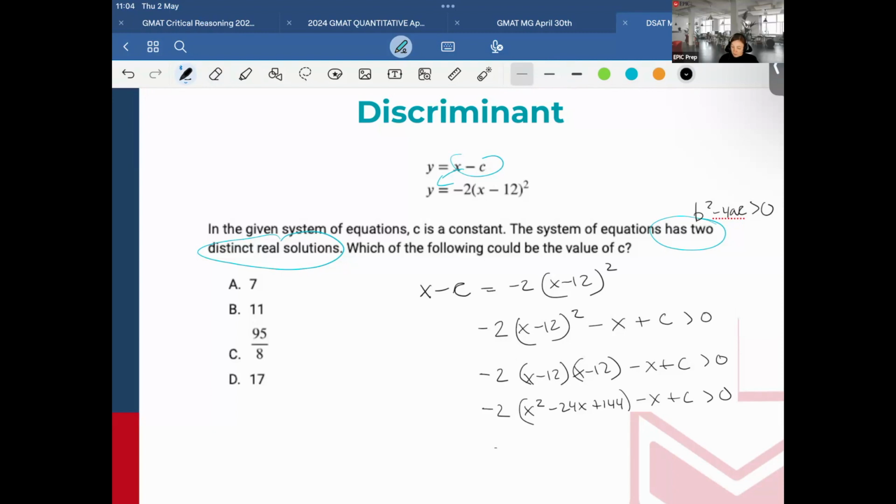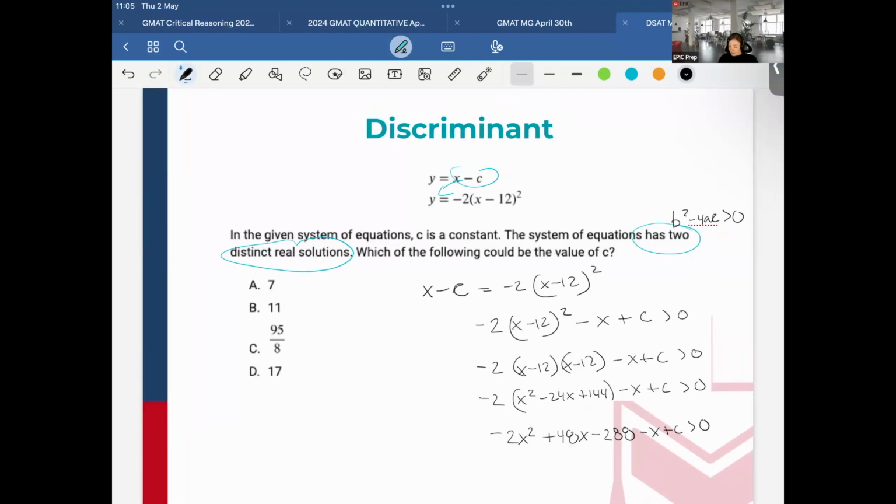So that would just be negative 2x squared plus 48x, and then minus 144 times 2, so minus 288. And then minus x plus c greater than 0. And then just to simplify that, that's negative 2x squared plus 47x minus 288 plus c greater than 0, right?